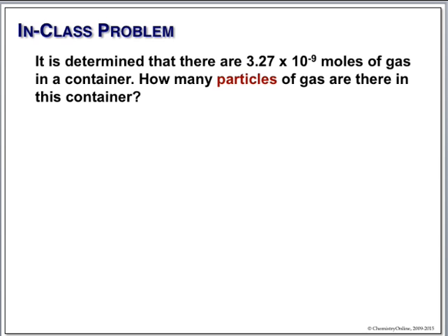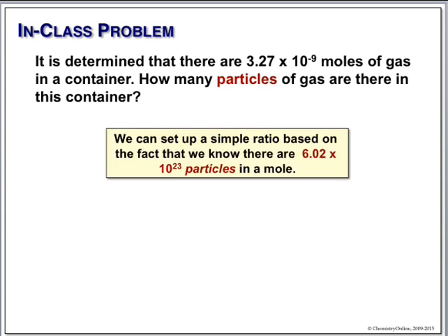Well, we know how many particles there are in a mole, right? We all remember the song. 6 times 10 to the 23rd. So, what we're going to do is take this as our given. Our ratio is simply particles per mole, and we're going to multiply them out. Our setup.